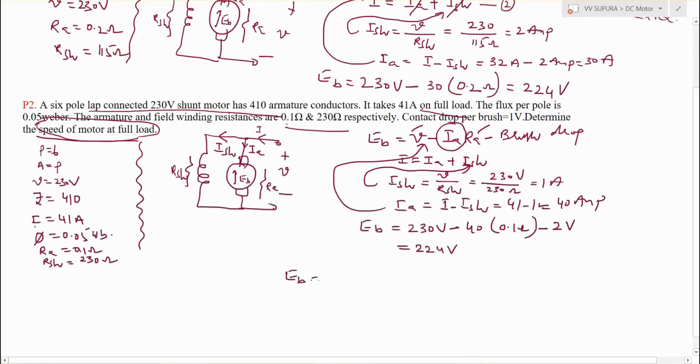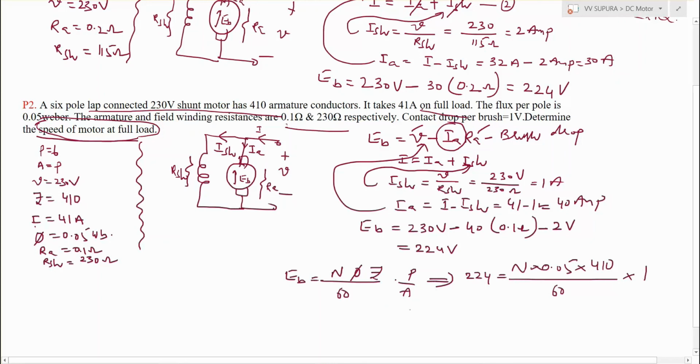Back EMF EB is equal to N phi Z upon 60 into P by A. From this I can write back EMF I calculated as 224 is equal to speed at full load multiplied with flux per pole, they gave 0.05, and number of conductors 410 upon 60, and P by A, 6 by 6, it's 1.